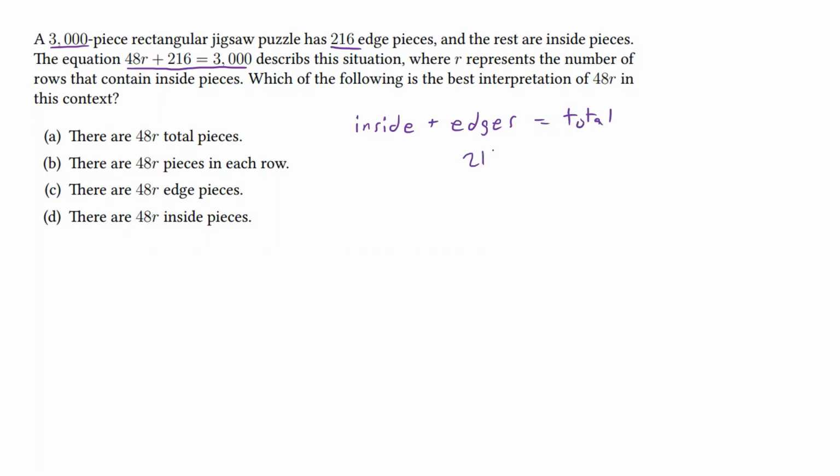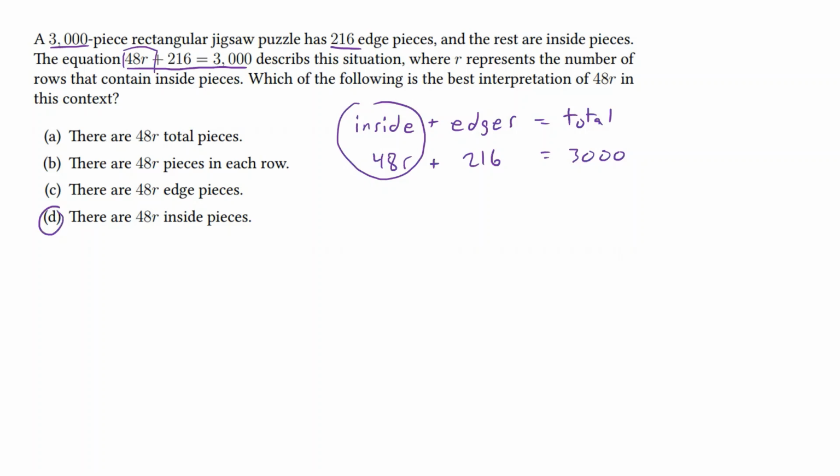Since we know that 216 corresponds to the edge pieces, and that the total number of pieces is 3,000, then the 48r that is listed in the given information must coincide with the inside pieces. Thus, there are 48r inside pieces.